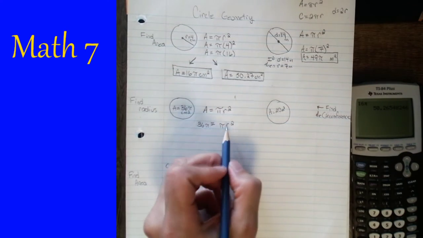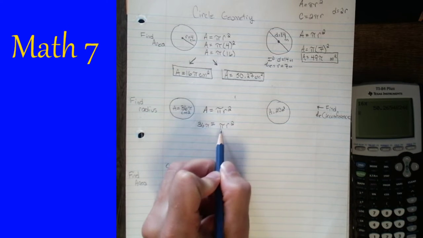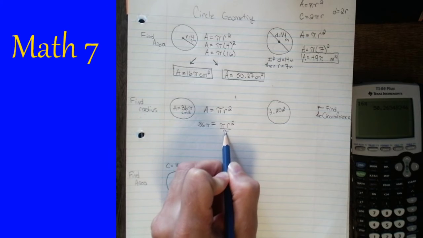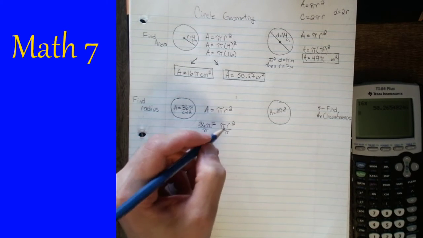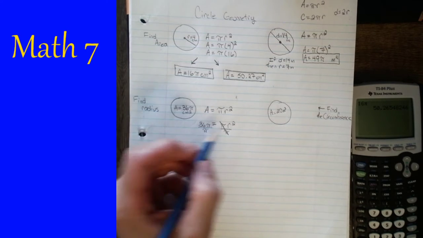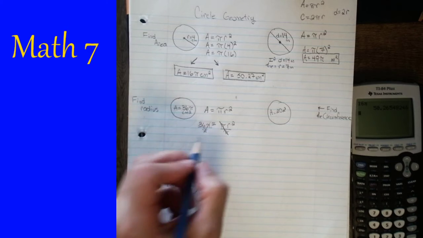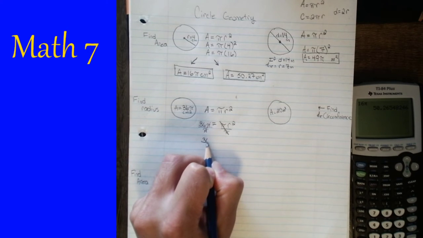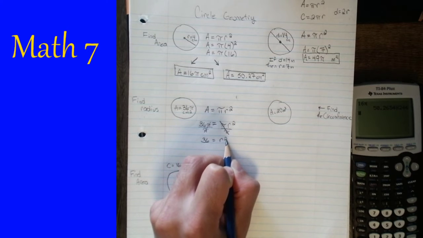Now the next step is just solving equations. I want to solve for r. Well, I've got to divide by pi on both sides. Remember, whatever you do to one side, you do the other. Those pi's cancel out. That's why we divided. So we have 36 is equal to r squared.